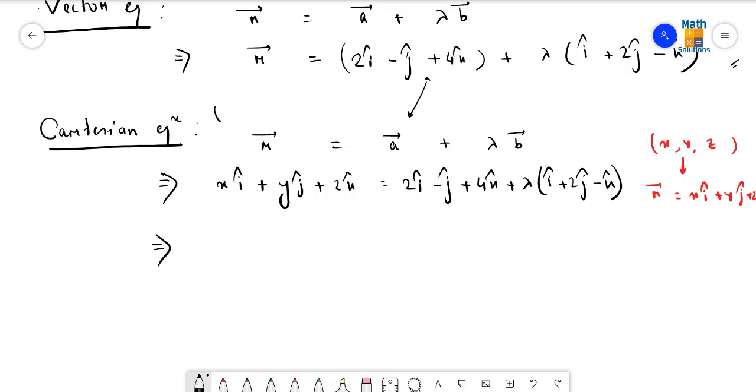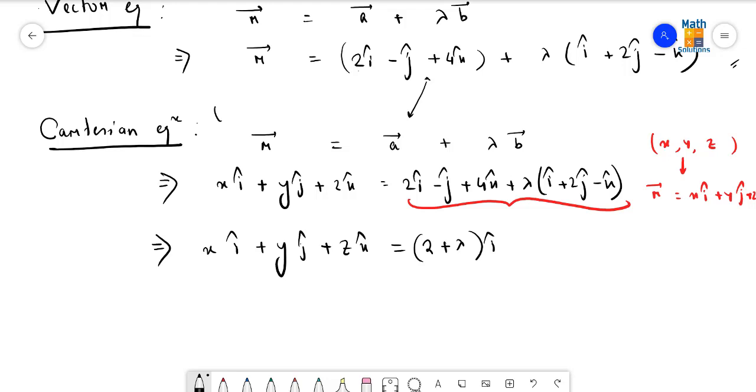So x i cap plus y j cap plus z k cap is equal to, taking all the i cap terms together, all the j cap terms together and all the k cap terms together: lambda plus 2 times i cap, plus twice lambda minus 1 times j cap, plus minus lambda plus 4 times k cap.